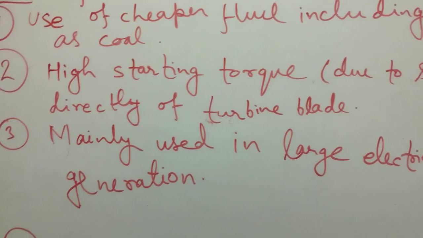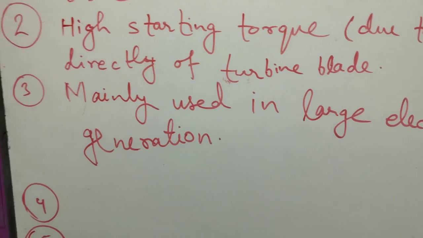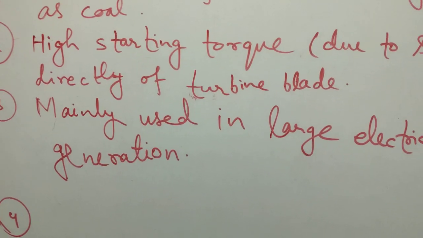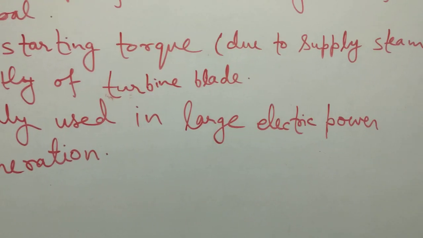Higher starting torque due to the supply of steam directly to the turbine blade. The external combustion power plant is mainly used for large electric power generation.